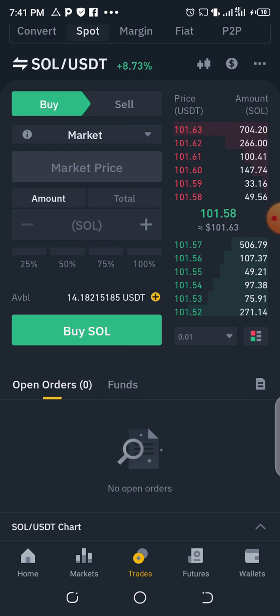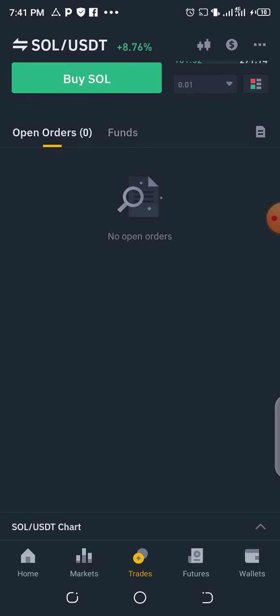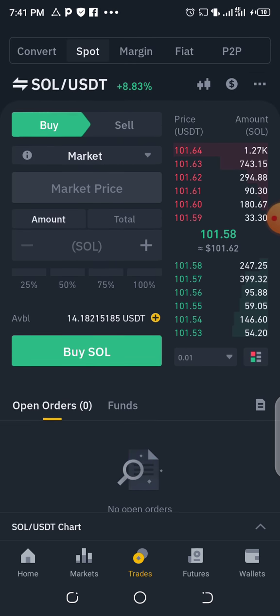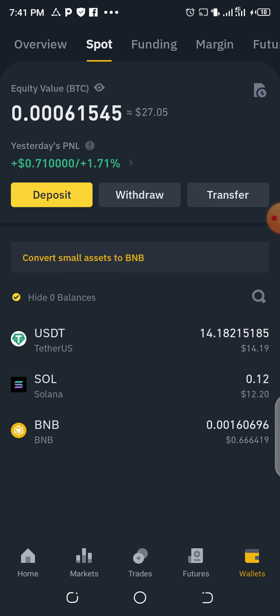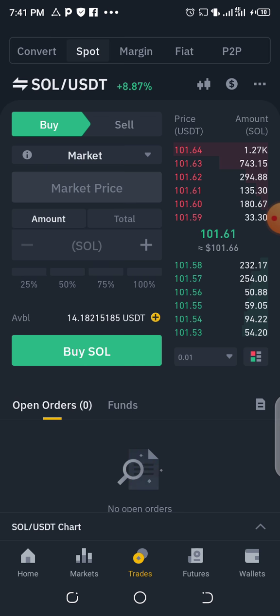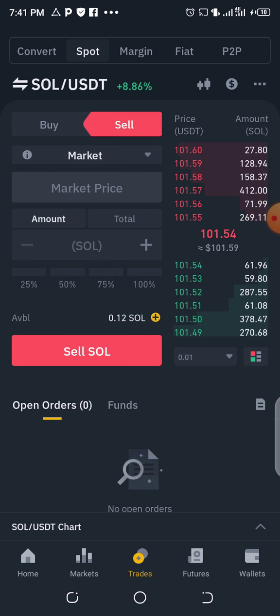Success, which means I have bought Solana. Now let's go to the wallet and see my spot wallet. For this spot trading, you find out that I bought Solana worth $12.20. Now I can come back to sell the Solana that I have bought. I click on trade at the bottom of my page, then I move this arrow to sell. I want to sell at the current market price.